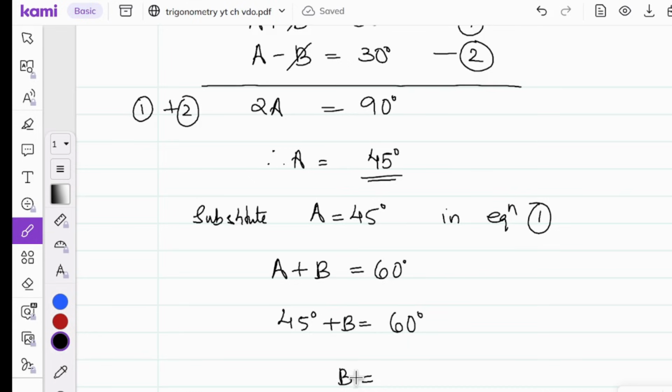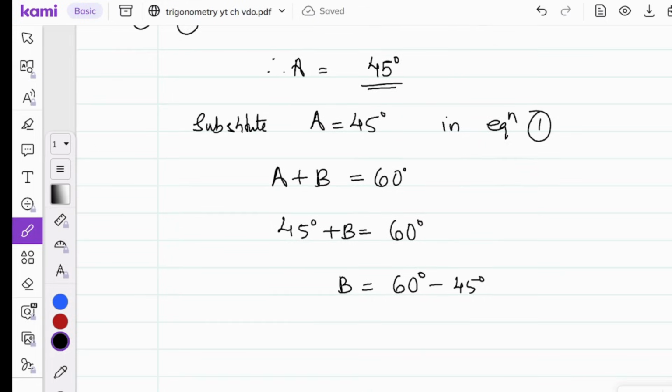Therefore, b equal to 60 minus 45 degree, which is equal to 15 degree. Now we got the values of a and b, right? Therefore, a equal to 45 degree and b equal to 15 degree. Right? This is what we have to find out.